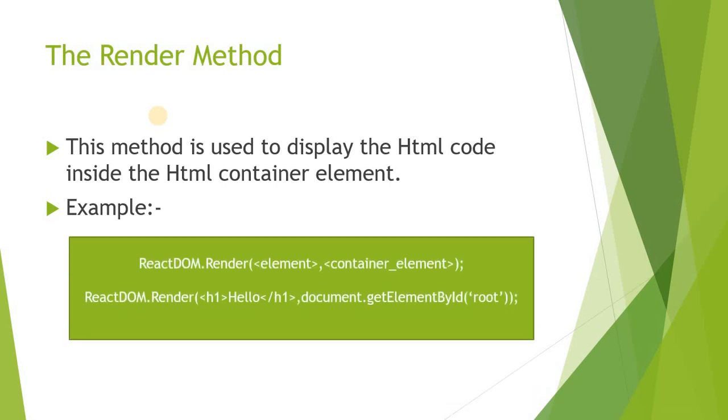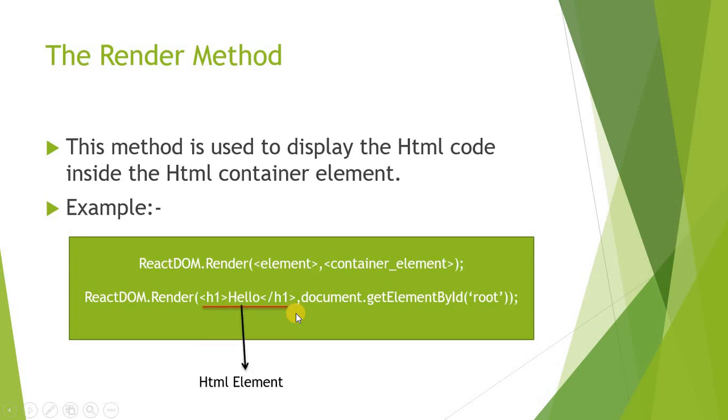For example, if you want to render a hello as a heading, you have to use the render method of the React library. It will display your element in a specific container.